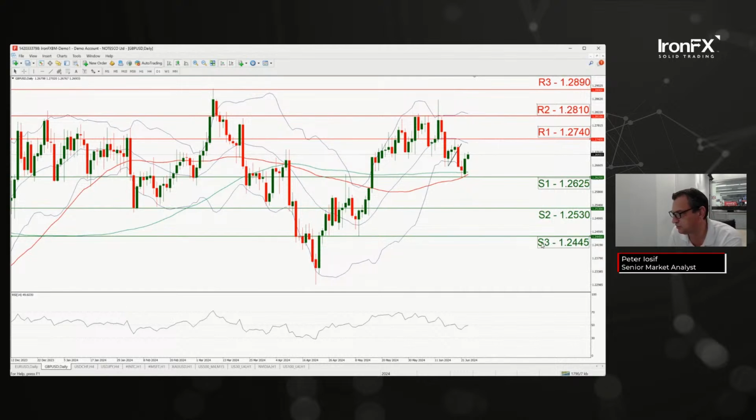There's a clear downward direction. I think that's more than obvious despite the correction higher. Let's draw that.